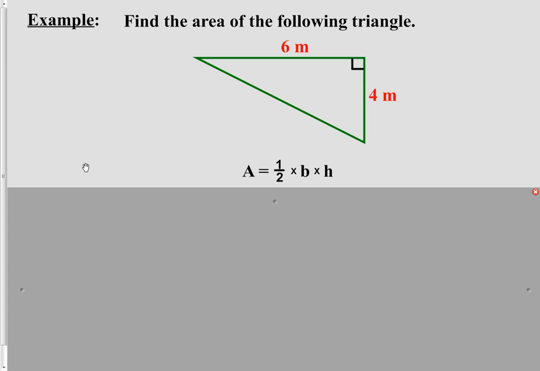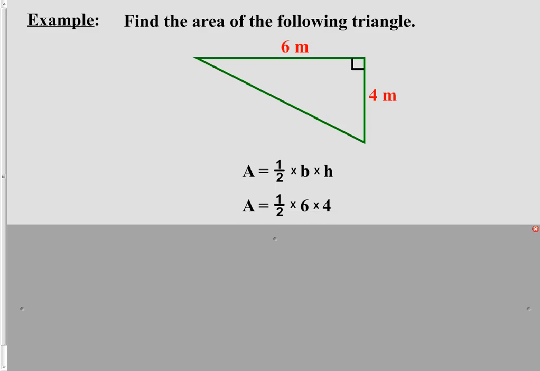So what we want to do is plug in the values. Don't automatically assume that the only values in the problem are automatically the base and the height. Remember that base and height are always going to be perpendicular to each other in a geometric figure. So we look in the problem, we see where we have perpendicular line segments, and it just so happens that it is the 6 and the 4.